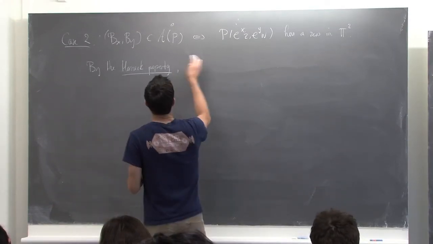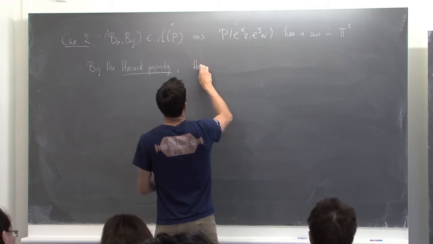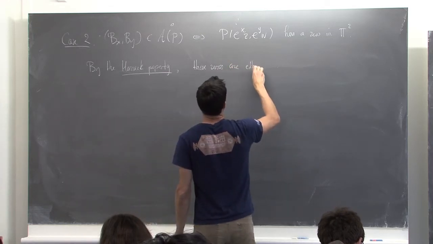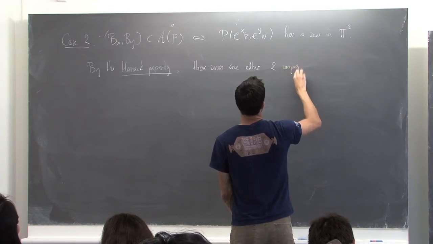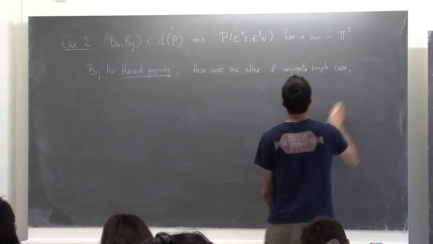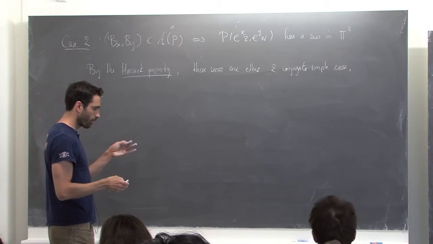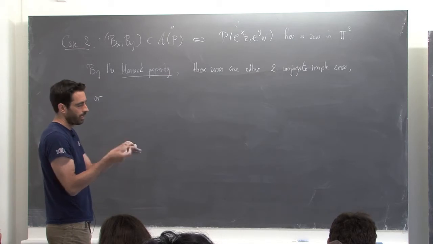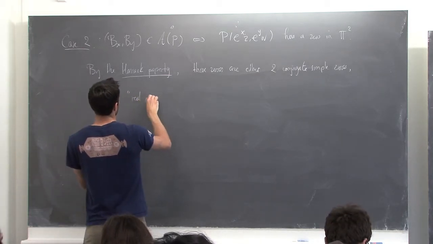So these zeros are either two conjugate simple zeros, or, and this is the part that is a theorem, you can have a zero that is not a simple zero, but then it only occurs as a so-called real positive node.